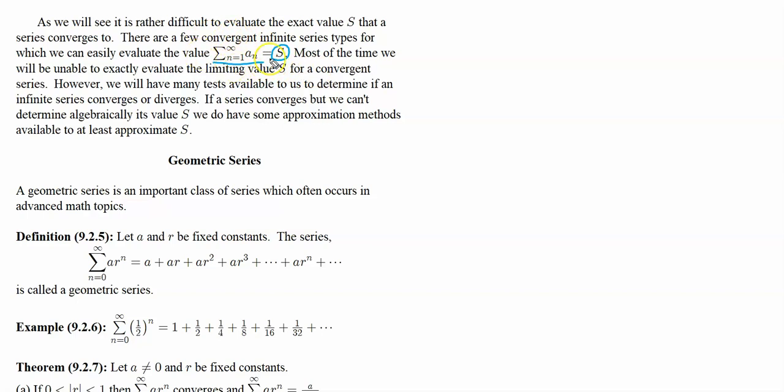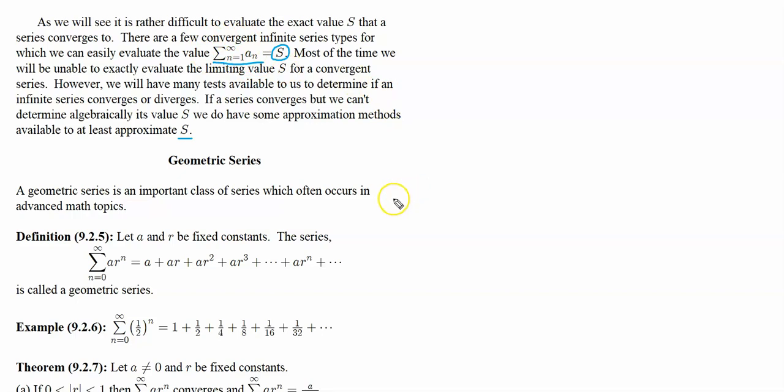So we'll know whether the series is convergent or divergent, but we may not know exactly what it converges to. Once we know it converges, we do have approximation methods that we can use to approximate what s is equal to. So the moral of the story is it's very difficult oftentimes to determine this limiting value s, but it's fairly easy to determine if your series converges or diverges.